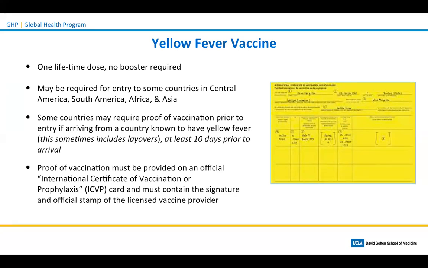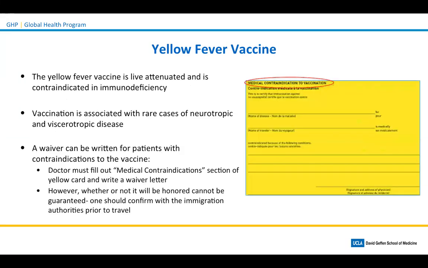I've put here the yellow card that I'm referring to. This is a live attenuated vaccine and therefore contraindicated in immunodeficiency. Keep in mind that there are rare cases of neurotropic and viscerotropic disease as a result of this vaccine.